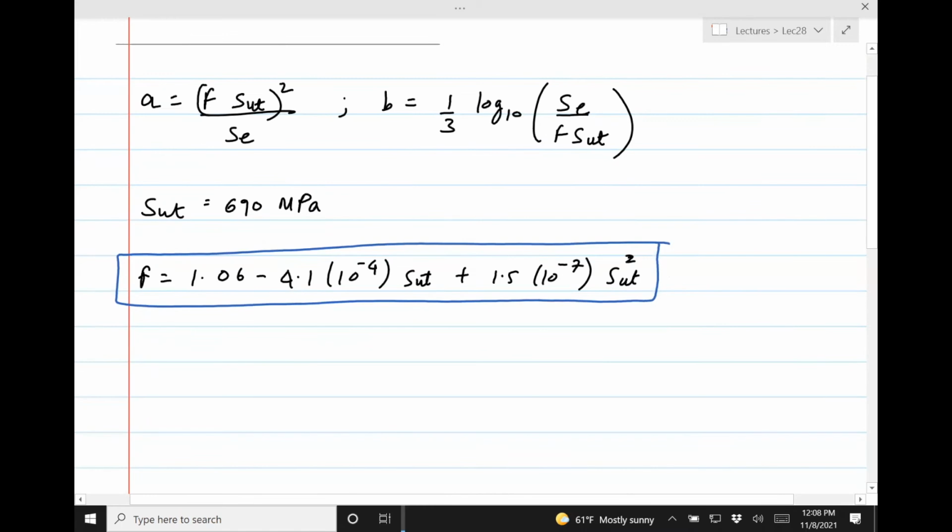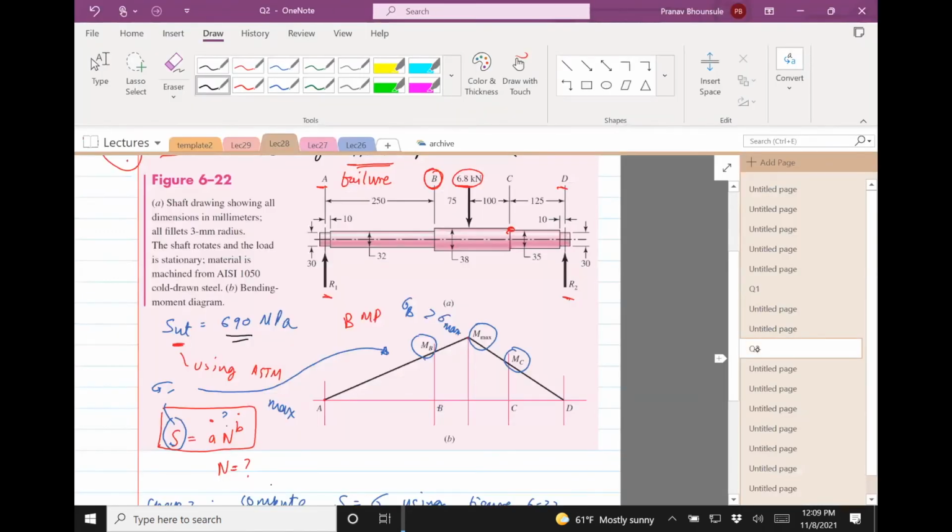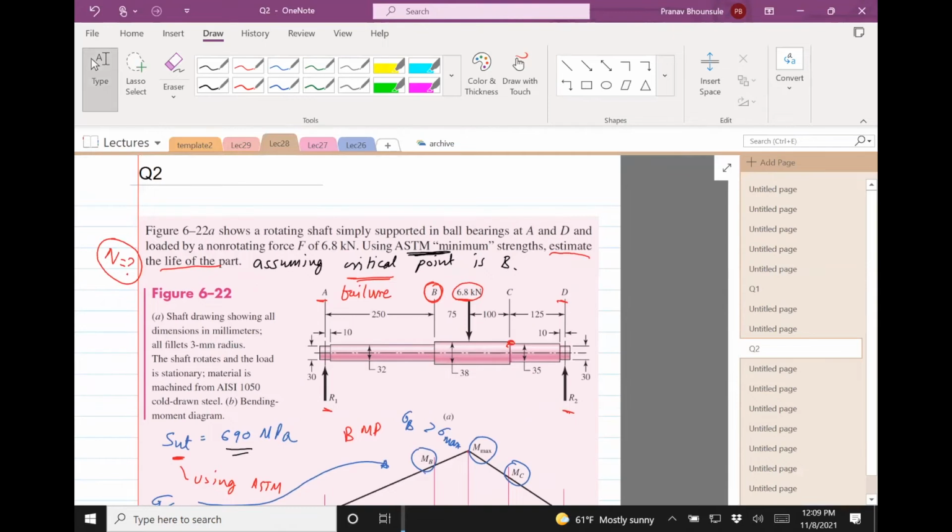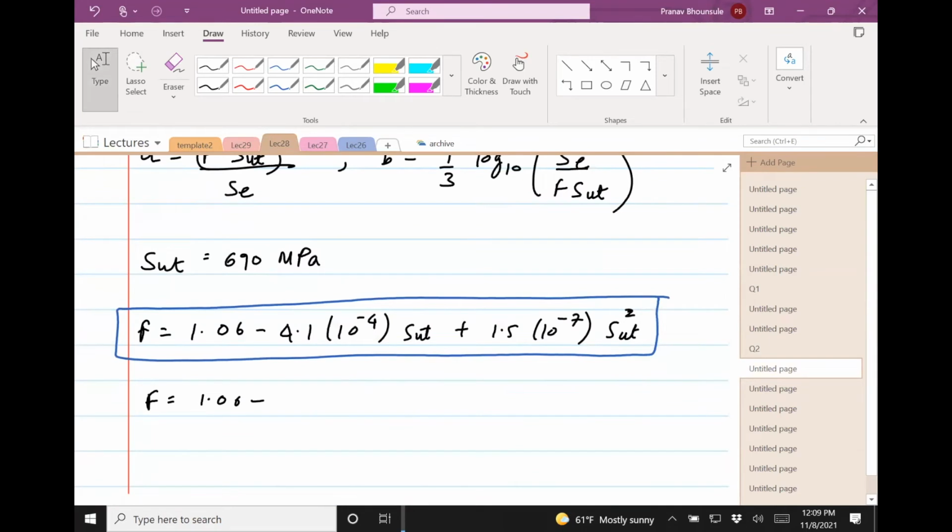I'm going to highlight that with blue just so that you can go back and check it. Is f given? f is not given. Sometimes it's given, sometimes it's not. Is it 6.8 kilonewtons? No, sorry, that's capital F, the force. Yeah, capital F is given. That's the force. My bad. We want small f, which is a part of the fatigue formula.